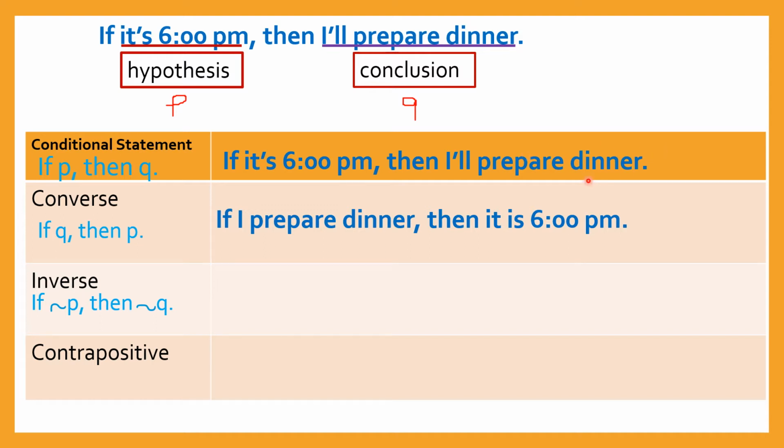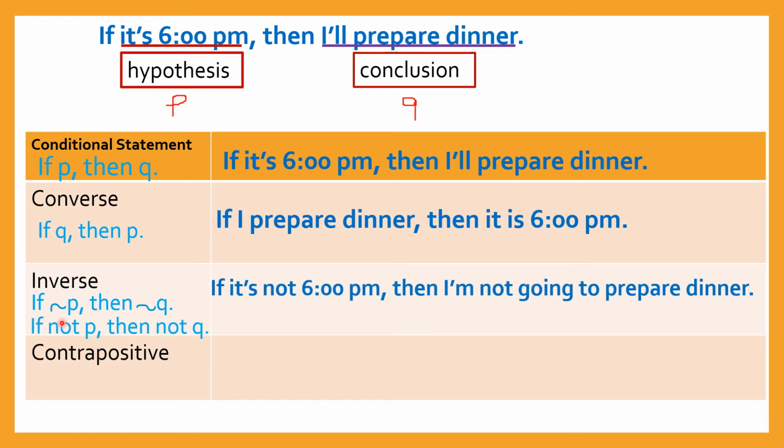Usually, we add the word not, or I'm not going, or do not, something like that. If this is positive, the inverse is a negative statement. But if it's already a negative statement, then the inverse of that is a positive statement. So here it means if not P, then not Q. It means if it's not 6 p.m., then I'm not going to prepare dinner.